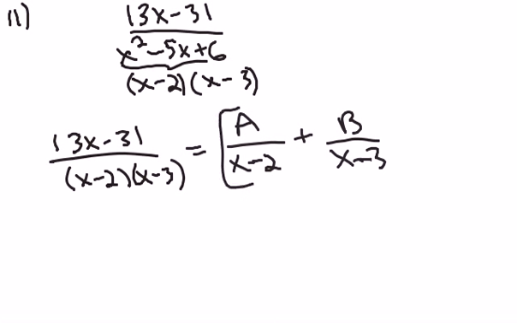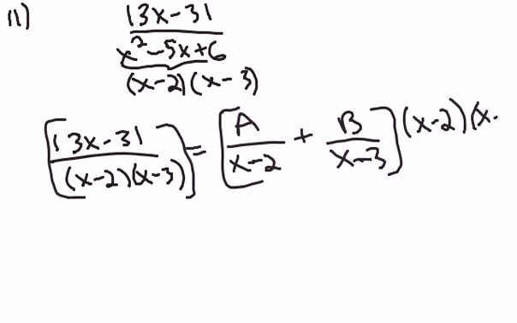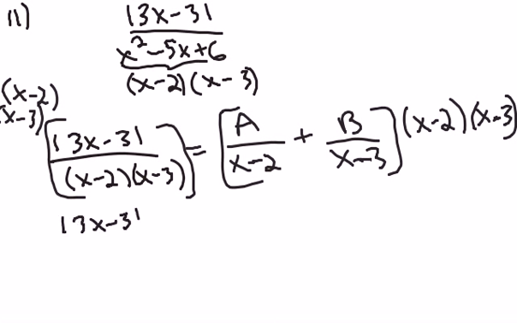Now I'm going to multiply both sides to get rid of the denominators. So I just ran out of room there, but these are being multiplied, not divided. So I'm left with 13x minus 31 equals a. Here the x minus 2's cancel, so I'm left with a times x minus 3.